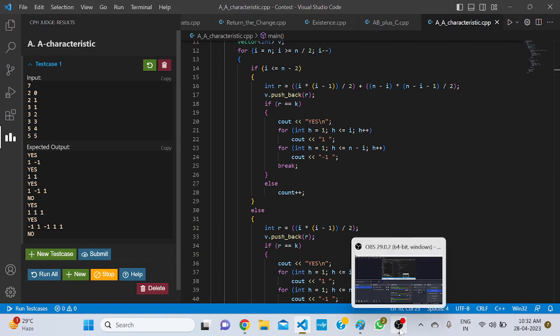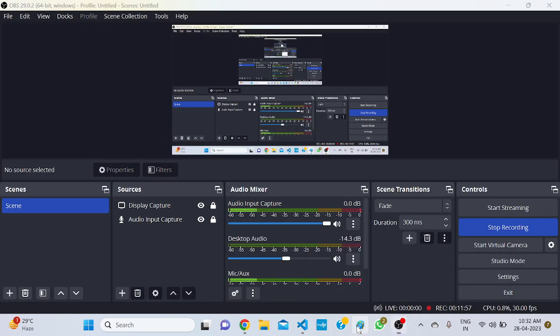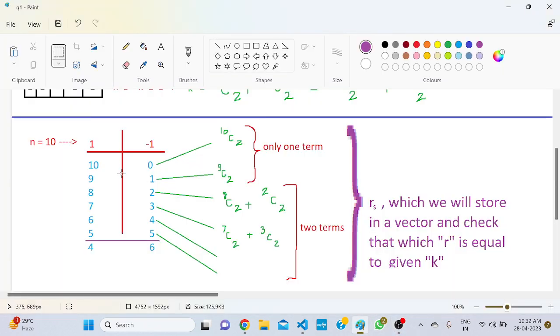We will print it like this. Suppose our k is 0. Then our i is 10. So we will print 10 ones, and n minus i times minus 1, meaning 10 minus 10 times minus 1, meaning 0 times minus 1.